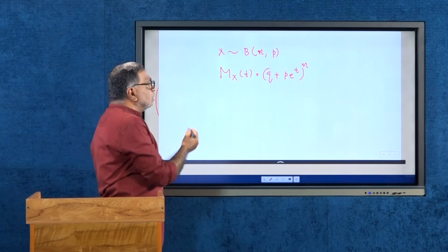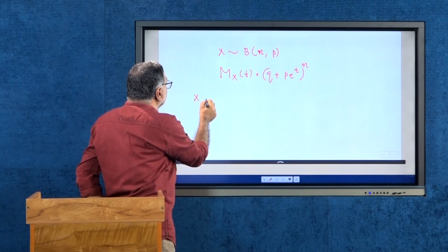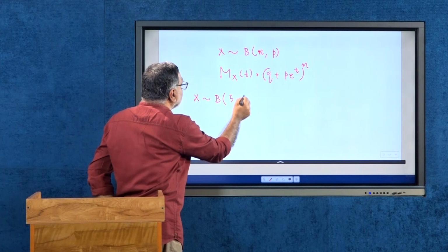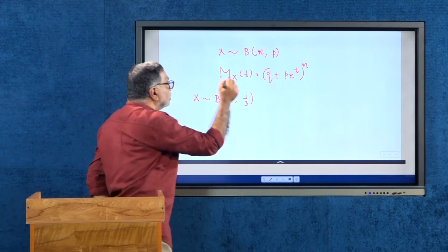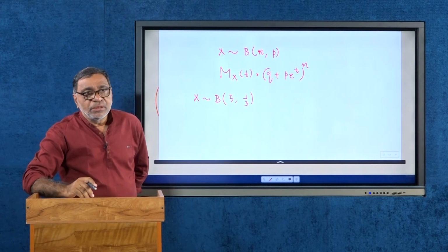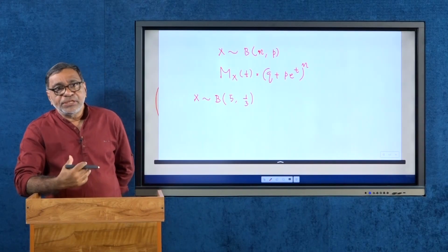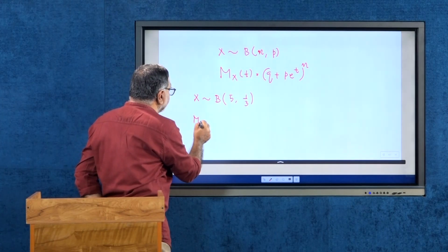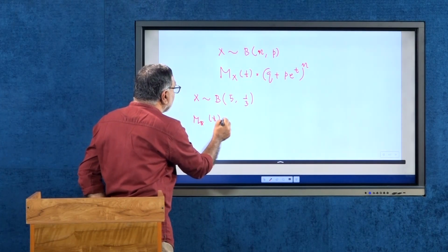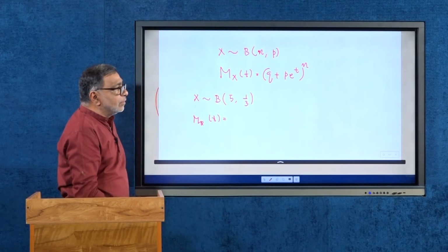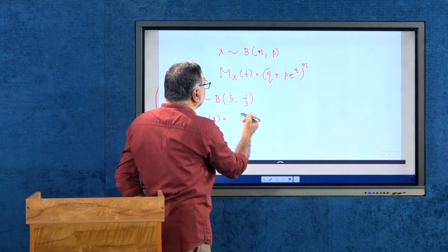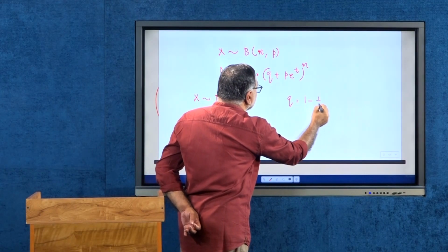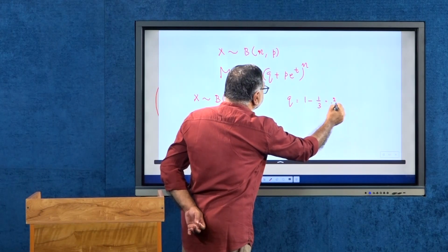So, for example, suppose X is a binomial random variable with n equal to 5 and p equal to 1 by 3. The moment generating function of this particular random variable can be obtained as q, where q is equal to 1 minus p, that is 1 minus 1 by 3, that is 2 by 3.